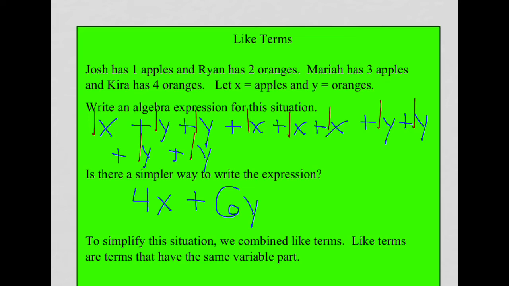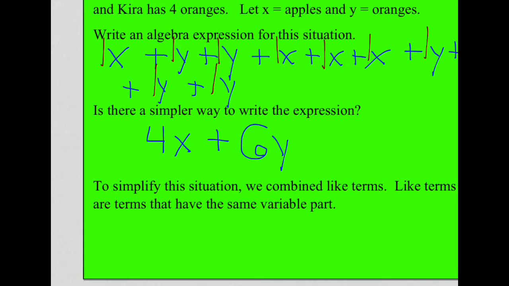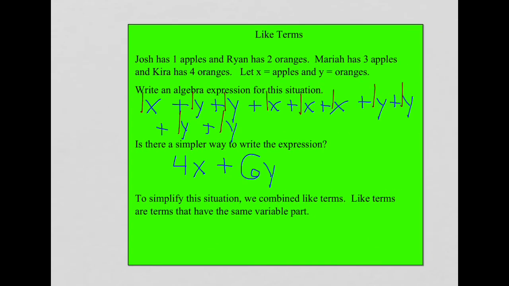But I can't make that any simpler. That's as simple as I can make that expression. What we have done here is we have combined like terms. And like terms are terms that have the same variable part. In this case, we combined all the x's and all the y's. Essentially, it's like adding and subtracting integers.